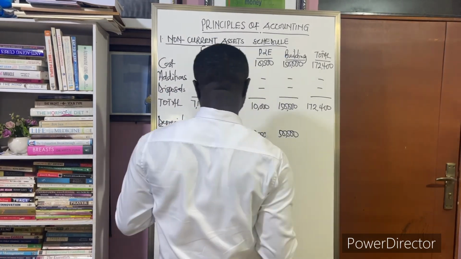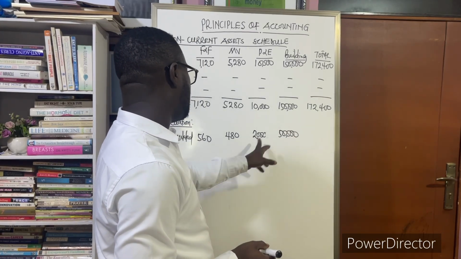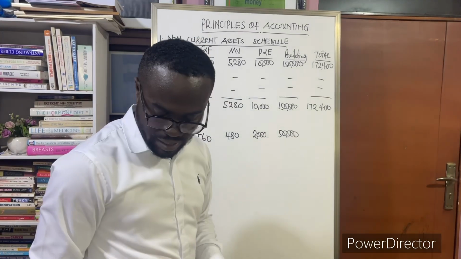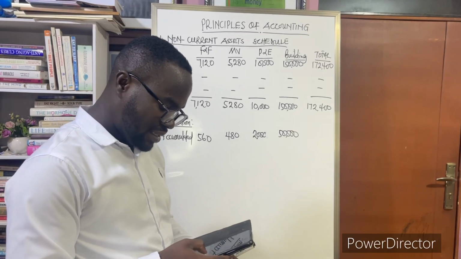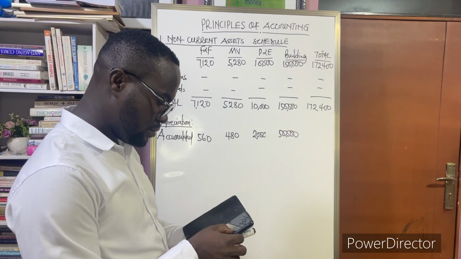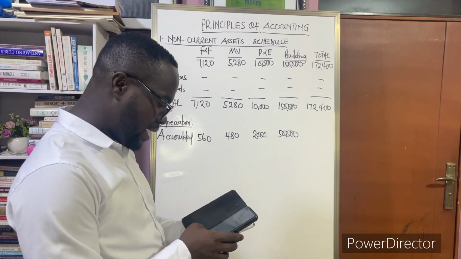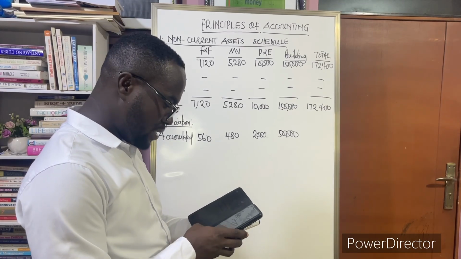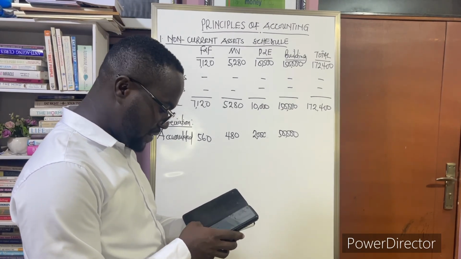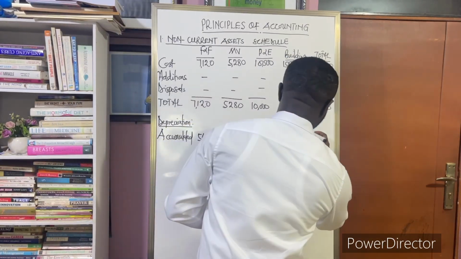So the total accumulated depreciation will be 53,040. But let me try and see if I'm correct. So I have 560, 480, 2,000, and 50,000. As I said, 53,040. So I'm correct.